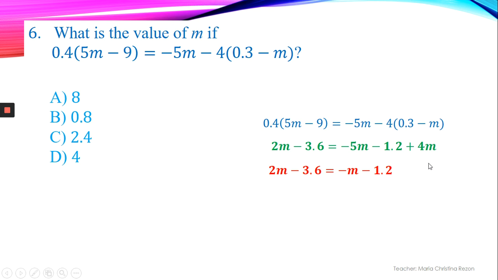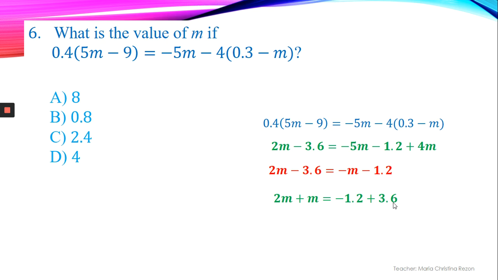So we can now combine like terms. Then we will have 2m plus m is equal to negative 1.2 plus 3.6.